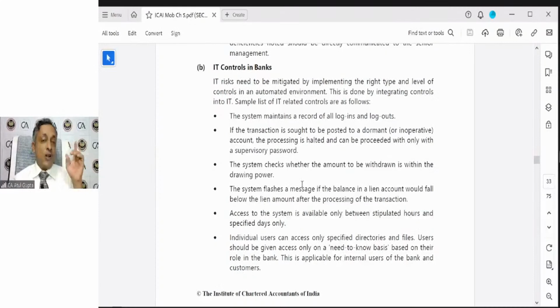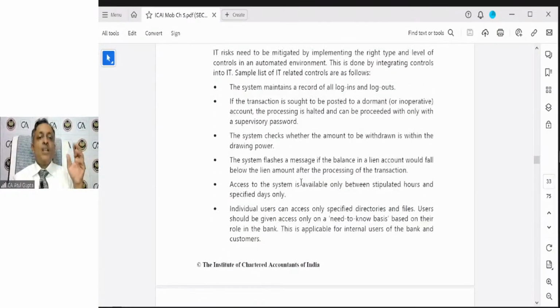So cash credit loan account, we talked about in detail. The system checks whether the withdrawal is within the drawing power of the account holder, and whether a lien is there. I think these words are familiar to you. Please see, the words that you see on the slide are technical, from banking parlance. If any word is not clear, please put it in the chat and I'll explain the word.